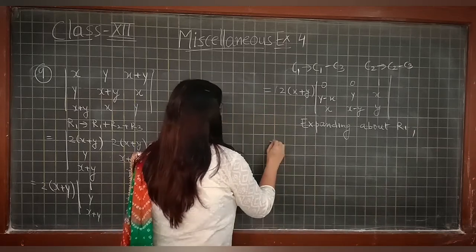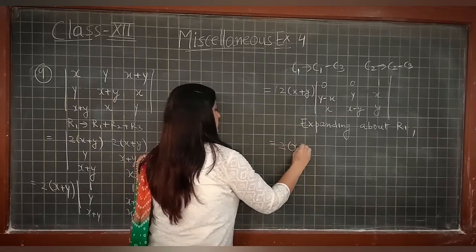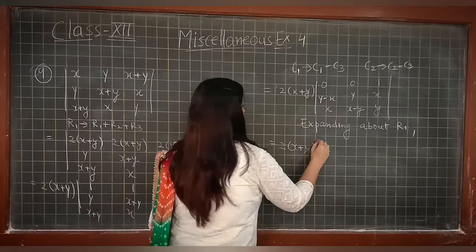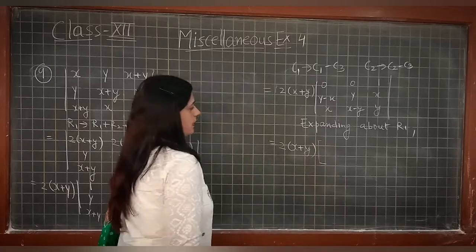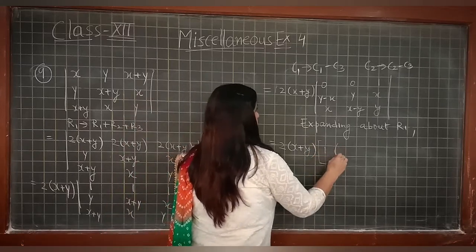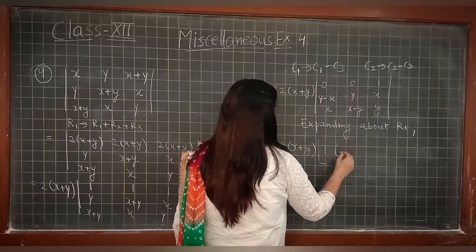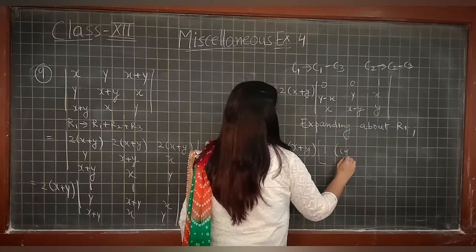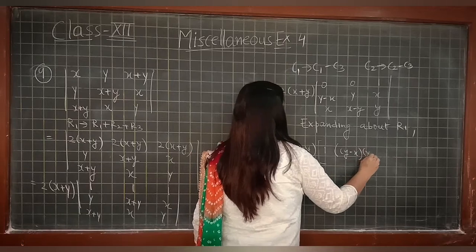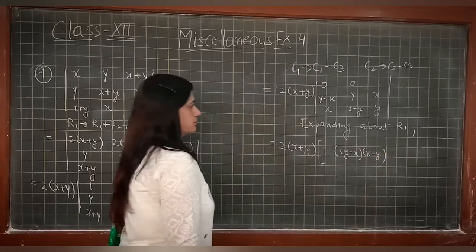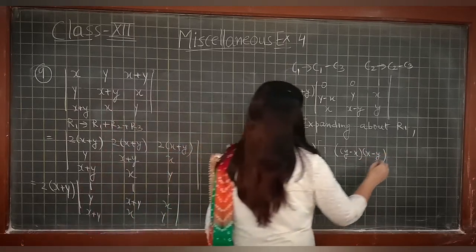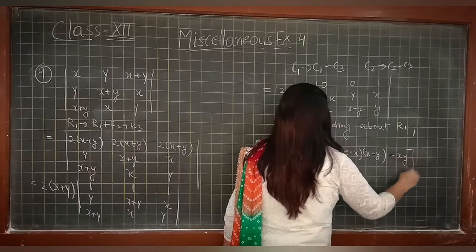So you have twice of x plus y into, this will be 1 into y minus x into x minus y minus x.